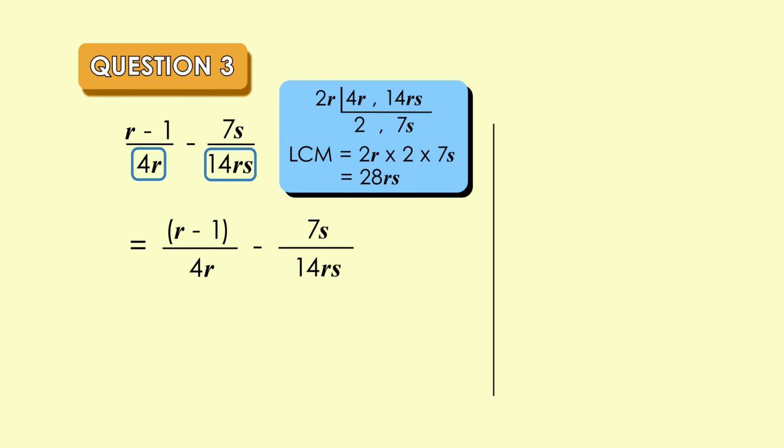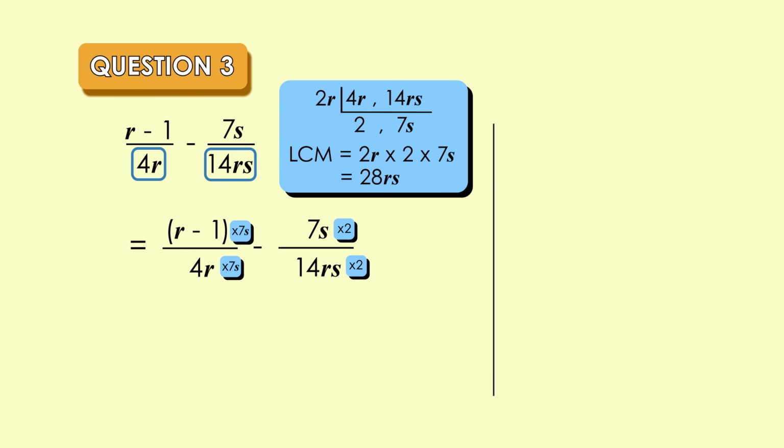Great! 4r multiplied by 7s is 28rs. Then, multiply r minus 1 by 7s for the numerator. Next, multiply 14rs by 2 for the denominator and multiply 7s by 2 for the numerator.